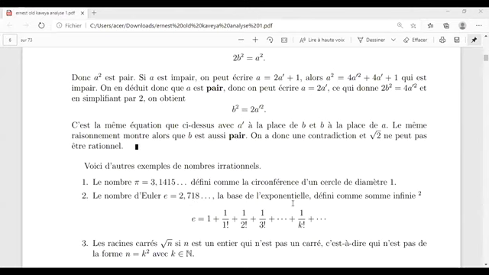La base de l'exponentielle définie comme une somme infinie, where e is equal to 1 plus 1 over 1 factorial plus 1 over 2 factorial plus 1 over 3 factorial up to 1 over k factorial, k being any number you want. You are going to analyze this when you look at the limit.